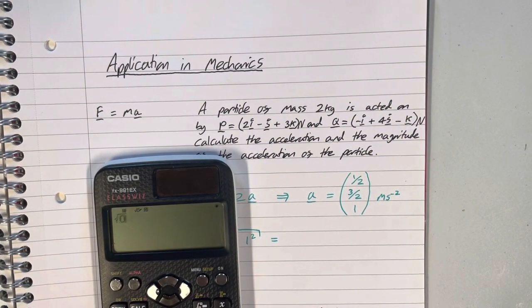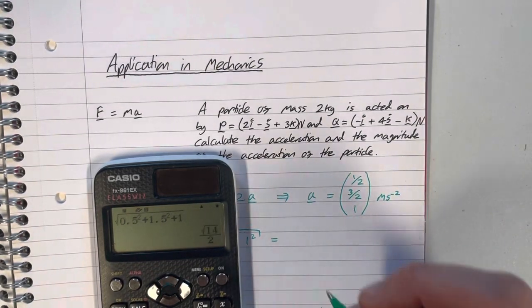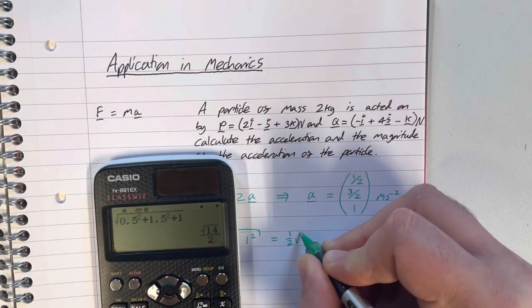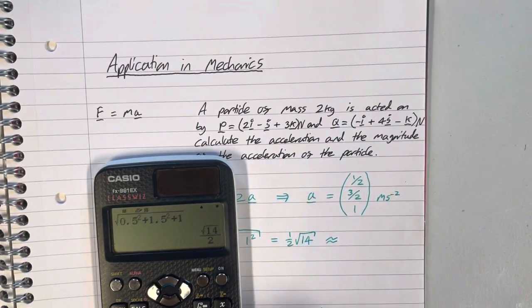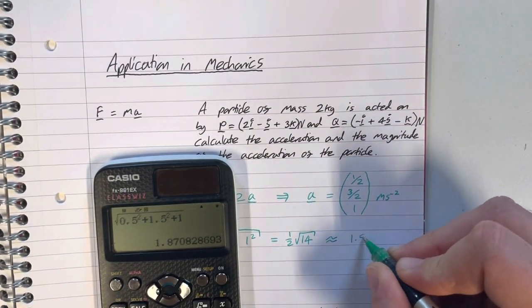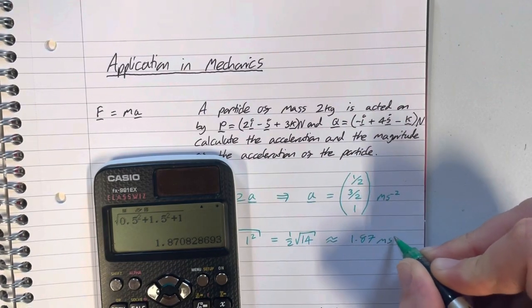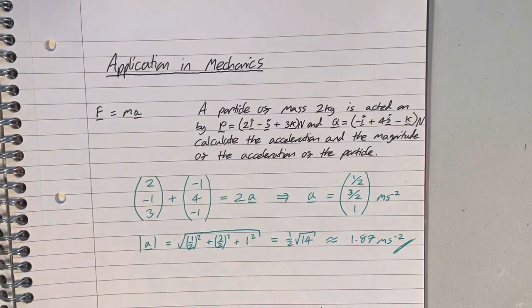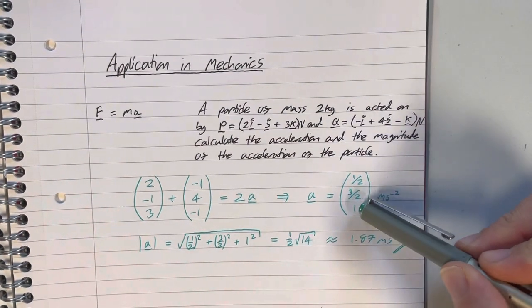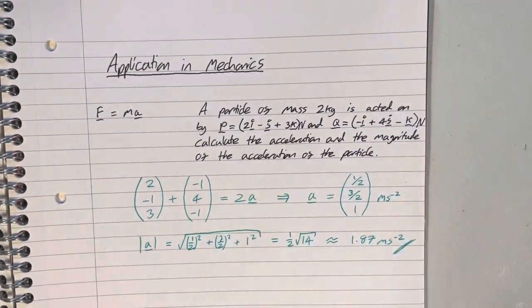So the square root of 0.5 squared plus 1.5 squared plus 1 is root 14 on 2, so a half root 14, approximately 1.87. So the magnitude of a vector is Pythagoras applied to that vector. And don't forget, in three-dimensional Pythagoras, you just add in the third dimension into the square root.